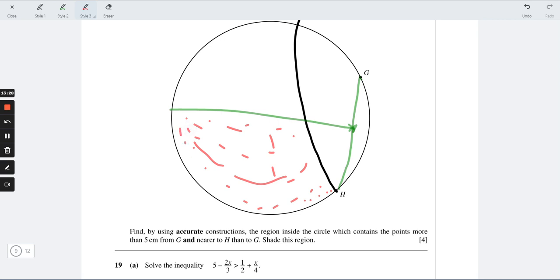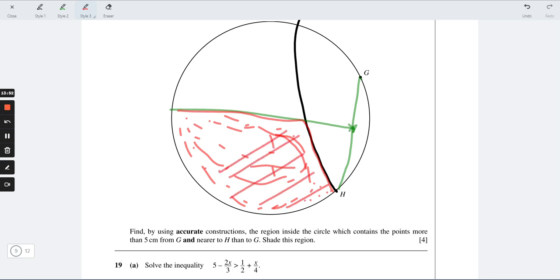So the idea is no more than drawing an arc from the point G passing through H, connecting G and H, bisecting this segment and drawing the line which bisects GH. Then you will see there is a shaded area between the green and the black lines. So this is the shaded area that they need.